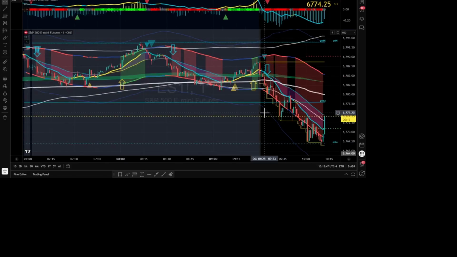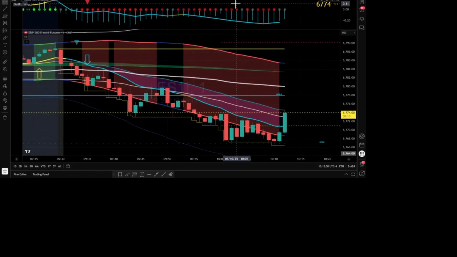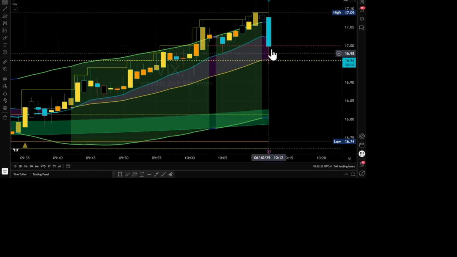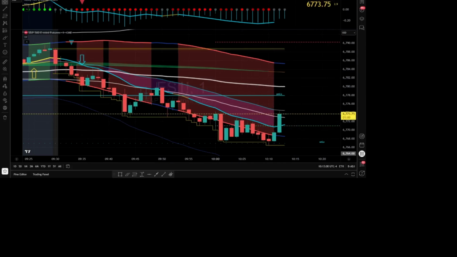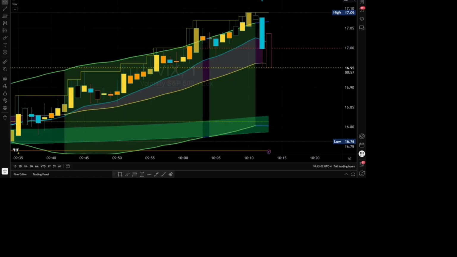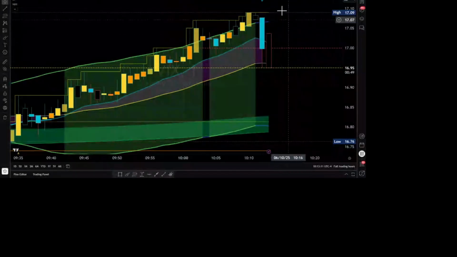So you can see how we got that confirmation here from VIX. We got this move, and this time they pretty much happened at the same time, so it would have been hard. Sometimes VIX will give you those signals even before it turns, and you can catch a good move. But in this case, it happened at the same time.